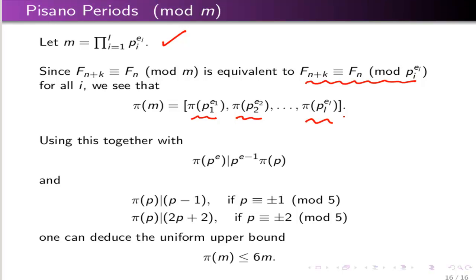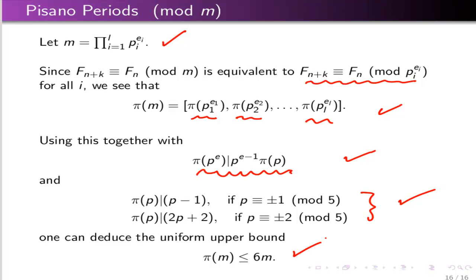And then we observed on the previous slide that the Pisano period mod a prime power is related to the Pisano period mod p via this relationship. And we'd already studied the Pisano periods mod p. They're either a divisor of p minus 1 or 2p plus 2. And if you put all of this information together, these three facts here, you can deduce the following upper bound.